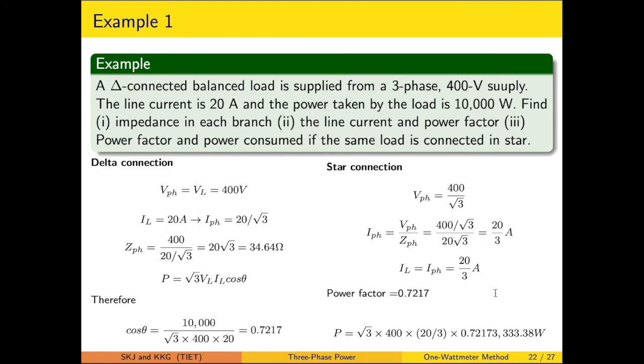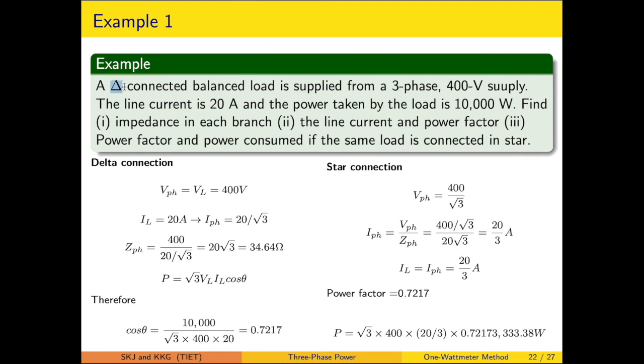Now there are a few examples which we have to consider to further emphasize the concepts. Let's say it is a 3-phase system of 400 volt. When it is not specified, this is to be taken as a line voltage and the RMS value.